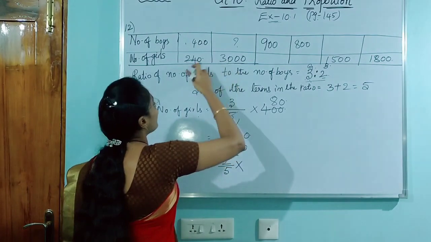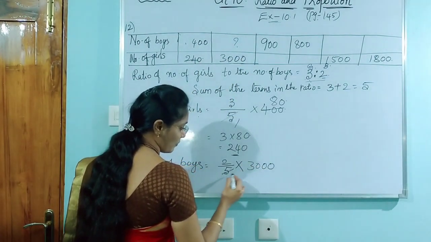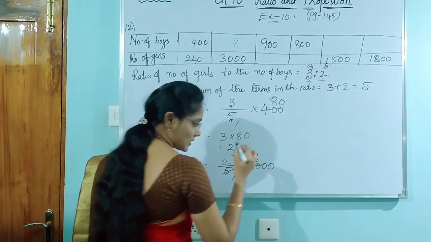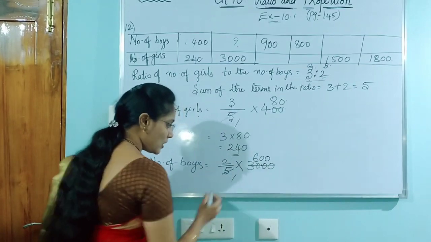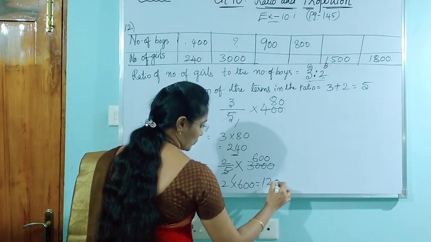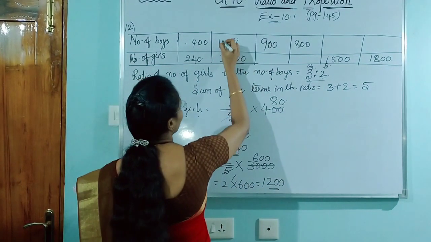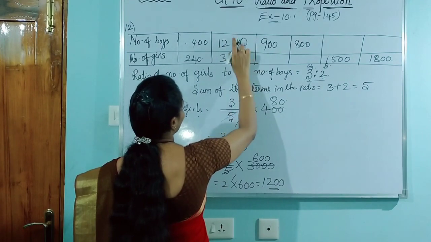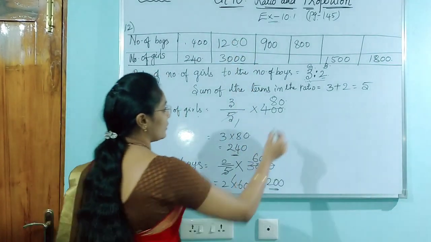I have the data, the number of girls, that's 3000. Again 5 ones are 5, and 30, 6 times, and the remaining zeros follow. So 2 into 600 is 1200. 1200 is the number of boys. Am I clear?